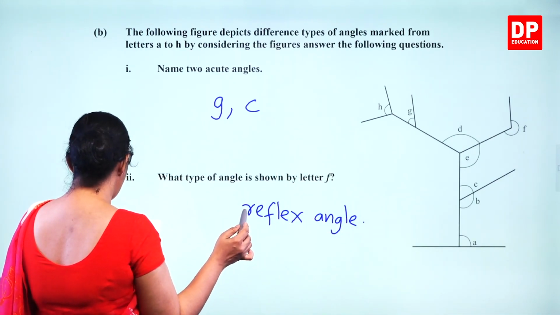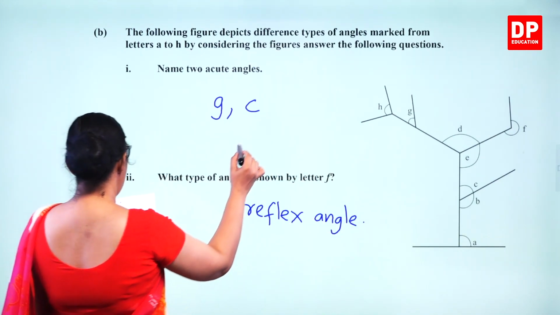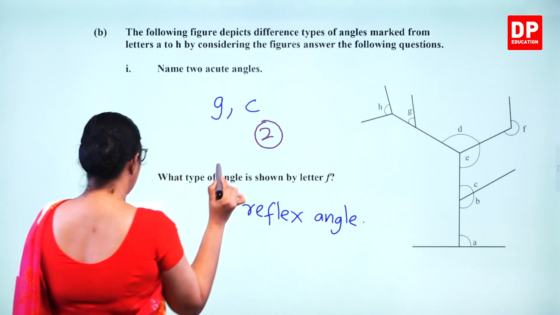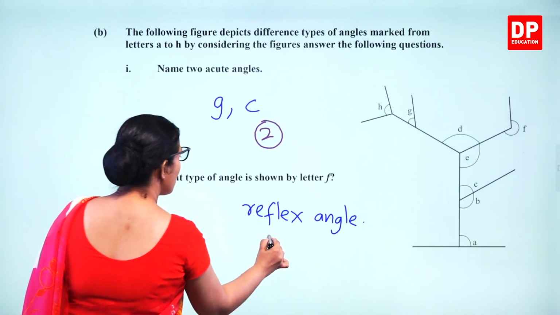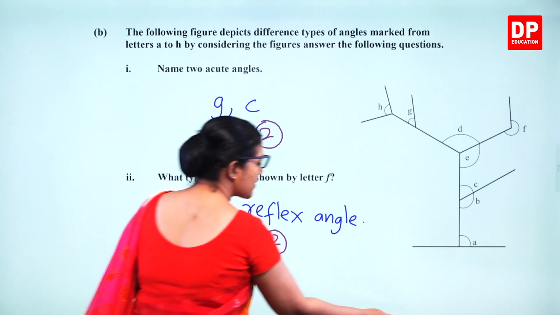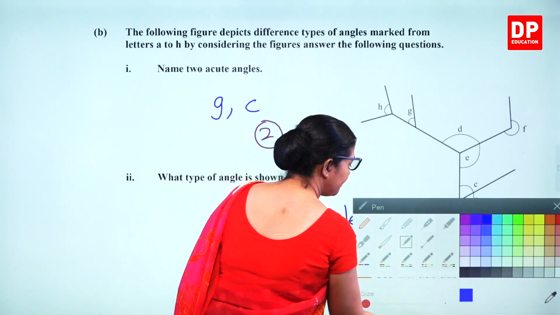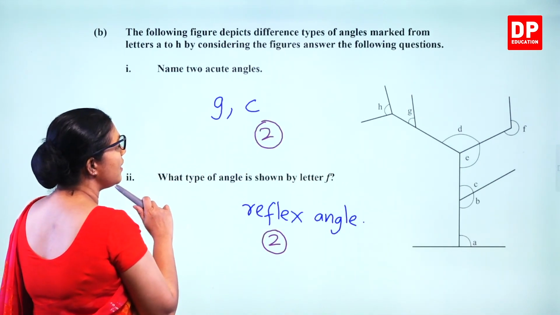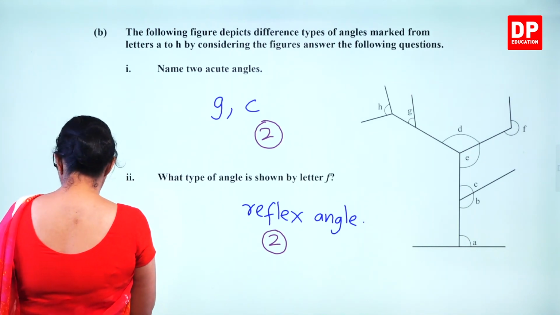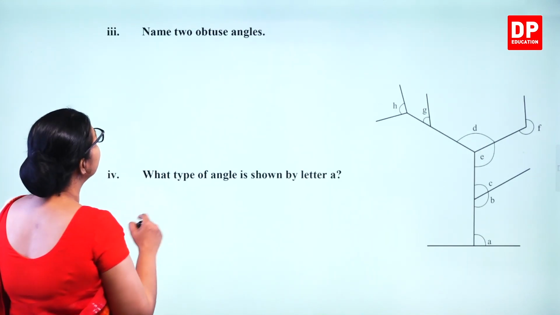So how many marks for that? G, C 2 marks and reflex 2 marks. So 4 marks there. So we gave 9 plus 4, 13.